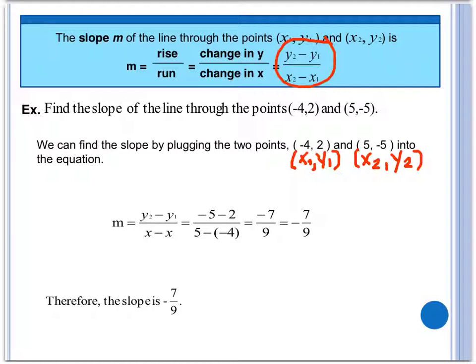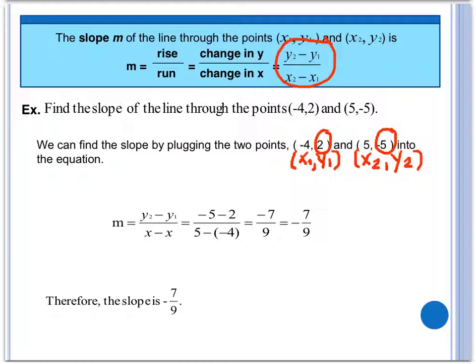So the equation in the numerator is y sub 2 minus y sub 1. So we take our y sub 2, which is -5, and we subtract our y sub 1, which is 2. And then simplifying that gives us -7. In the denominator, the equation tells us to subtract our x values.